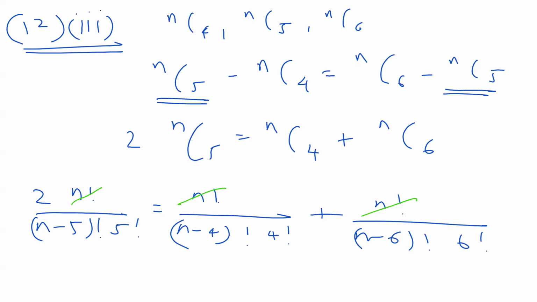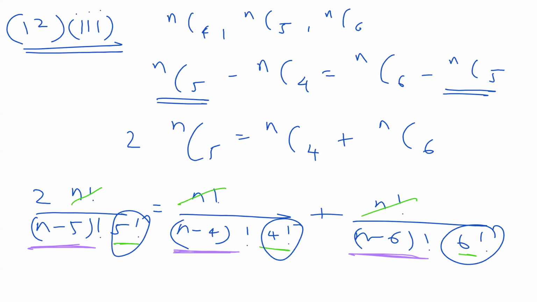Now see, between 5, 4 and 6, 4 is the smaller term. So we'll reduce 5 and 6 to 4. Now between n minus 5, n minus 4 and n minus 6, n minus 6 is the smallest term. If you put n as 10, you'll figure out why n minus 6 is the smallest term. So we are going to reduce n minus 5 and n minus 4 to n minus 6. First the numbers, and then the n terms.